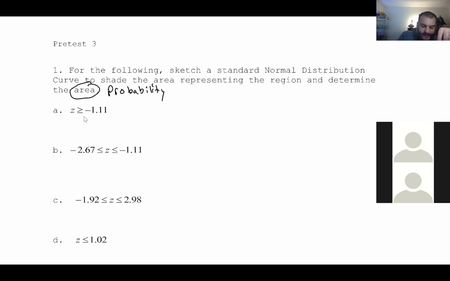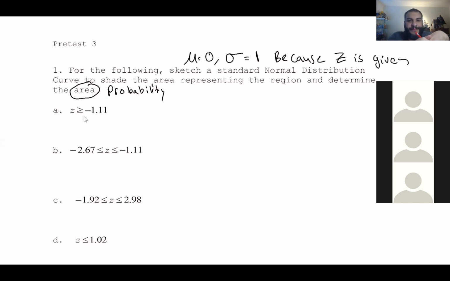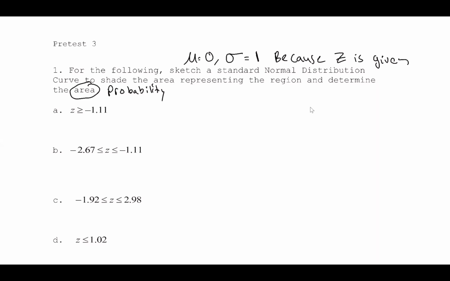Since they gave us a z value, you should know mean mu is automatically equal to 0 and sigma is automatically equal to 1, because z is given. Everybody good with that so far?